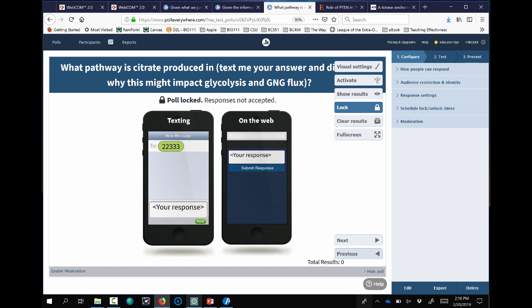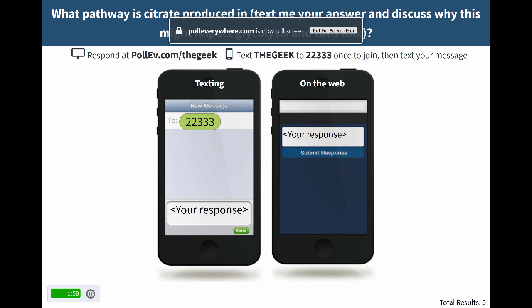What pathway is citrate produced in? Text me your answer and decide why this might impact glycolysis and gluconeogenesis flux. So just tell me what pathway it is, and just text me the answer to what pathway is it in. Talk to your neighbor about, well, why do you think that would impact glycolysis and gluconeogenesis? Okay, so I will give you, I don't know how long I'll give you, 2 minutes to do this.